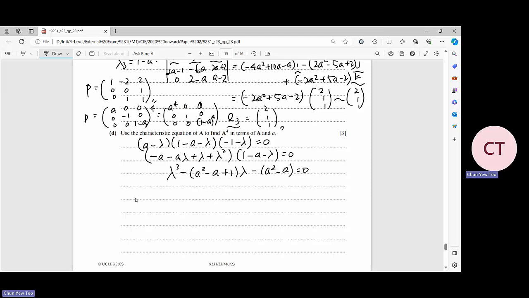Then from the Cayley-Hamilton theorem, you get A cubed minus this, A minus this, I equal to 0. Then your A cubed will be equal to this.